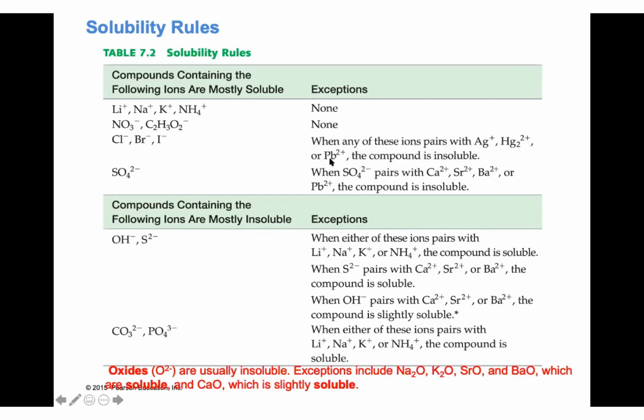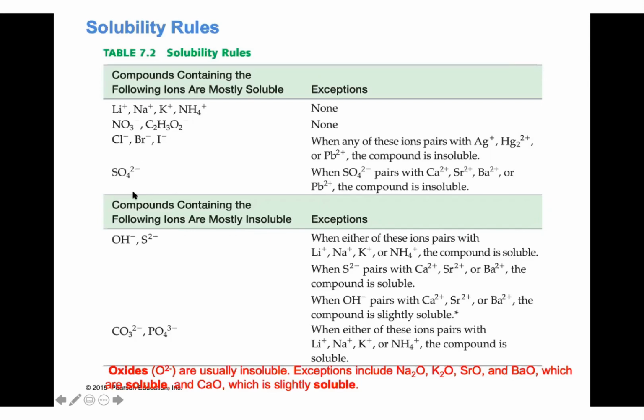For example, PbCl2 is solid, or Hg2Br2 is solid, or S in parentheses on the right side of the compound. AgCl is solid.